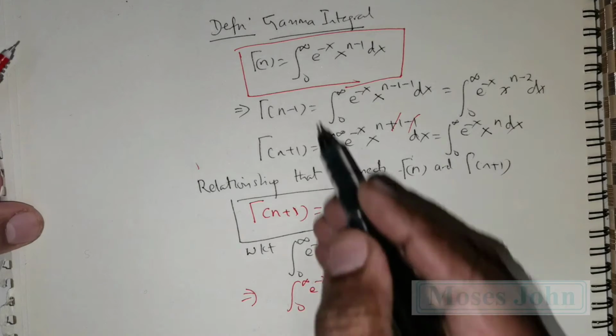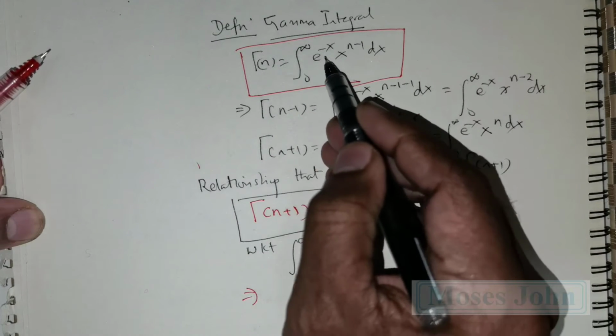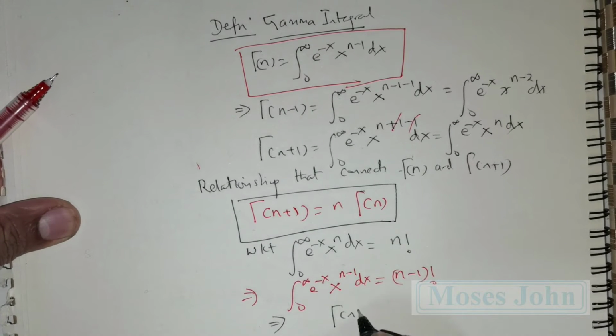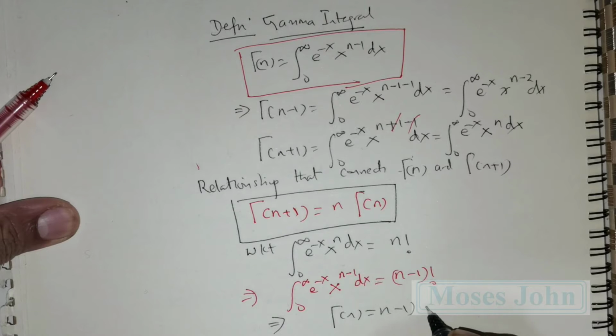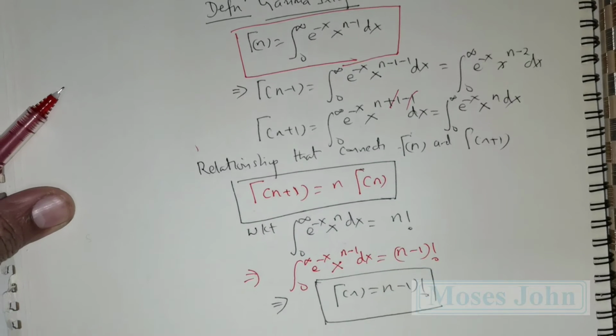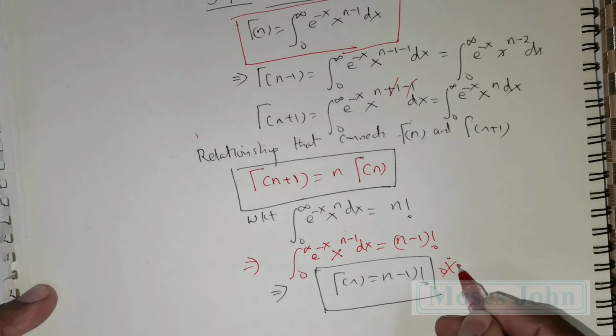But gamma of n is the integral from 0 to infinity of e raised to the power negative x times x power n minus 1 dx. So this means gamma of n is n minus 1 factorial. This is a very important property also which you should know.